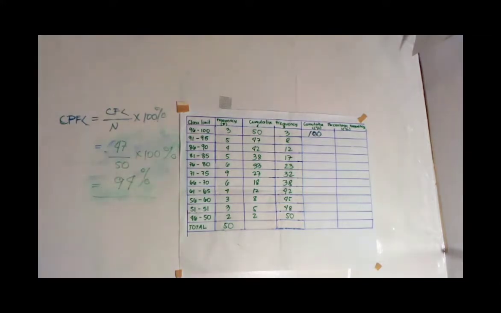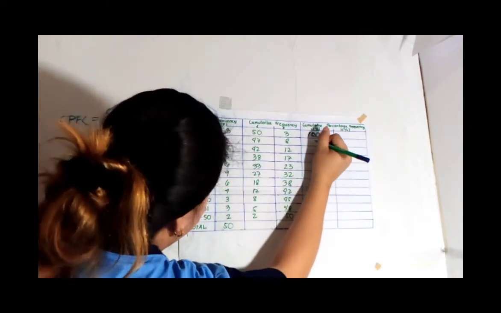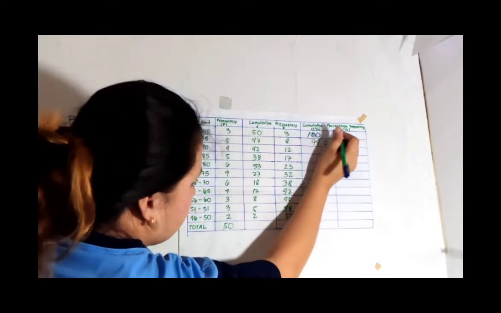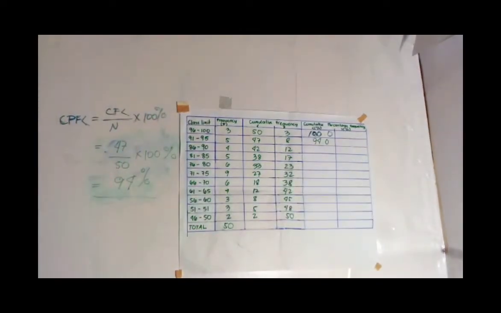So that is the answer of the second row of cumulative percentage frequency lesser than percent. So we have 94. So on and so forth.